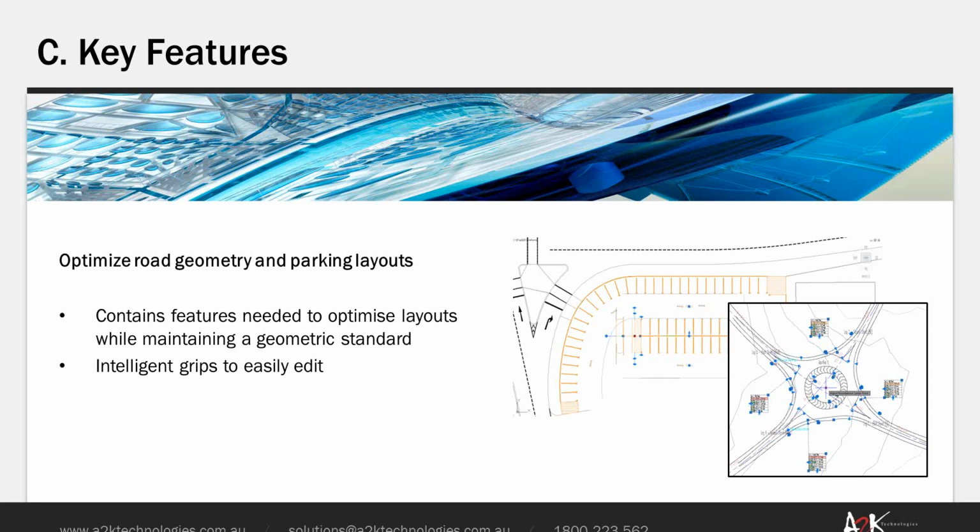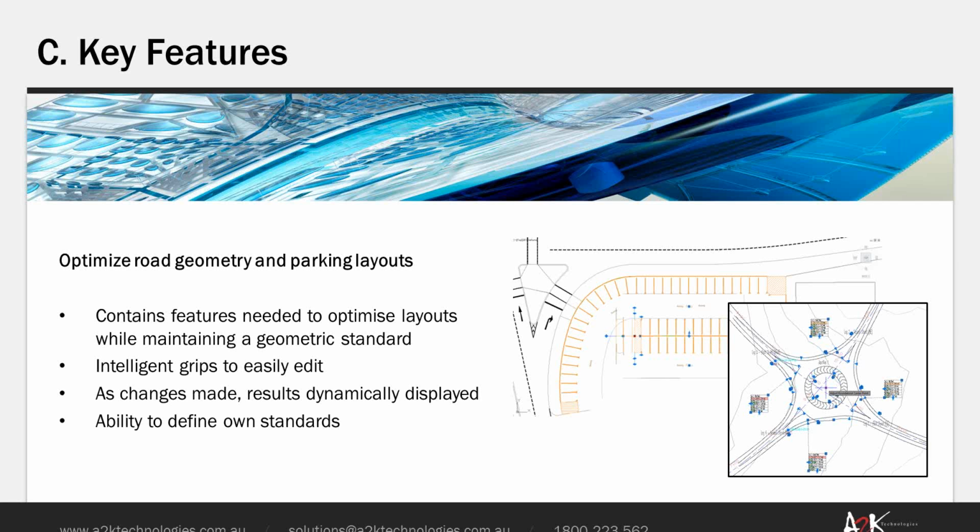Then we move on to junctions or roundabouts, exactly in the same way. You can see in this little picture all the little blue grips on the roundabout. Each aspect of that, the lane width, the tapers, the islands, all those sorts of things, are dynamic as well. Just like on the vehicle path, as the change is made, the results are dynamically displayed on the screen, so you have immediate feedback on your design.